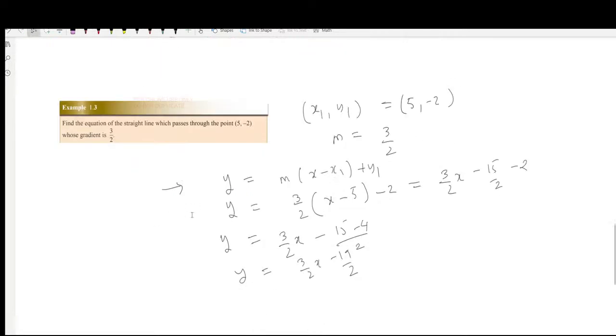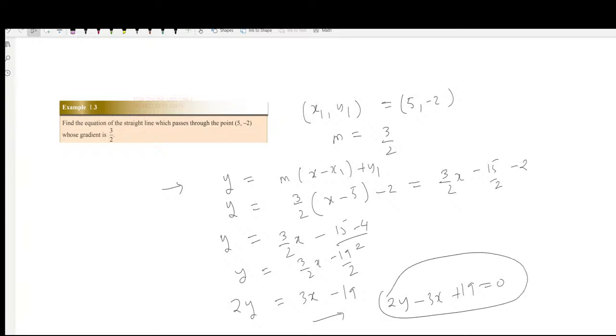You can multiply by 2 throughout, so we have 2y equals 3x minus 19. And eventually you can have 2y minus 3x plus 19 equals 0. So that is the equation of a straight line with these details, dear students.